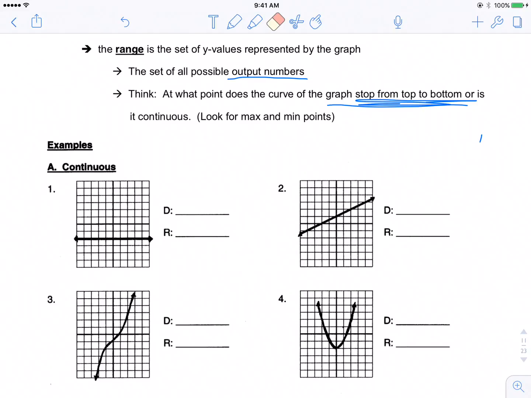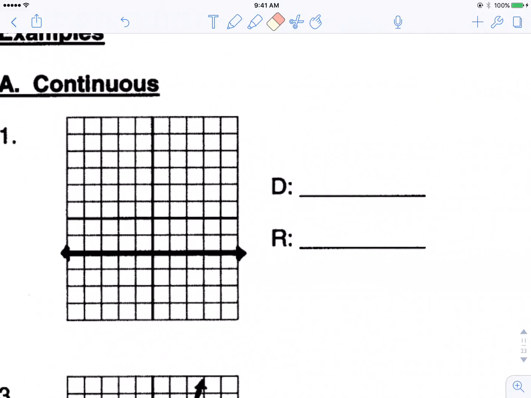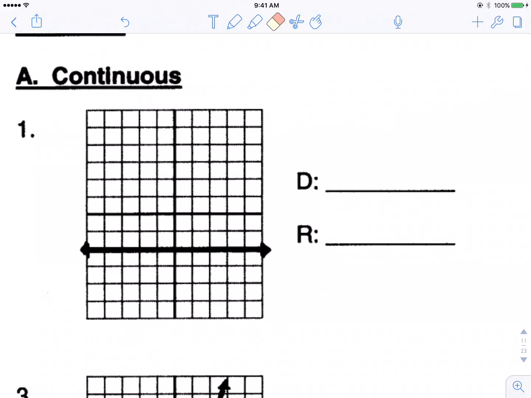If we look at number one here, if we start defining points on this graph, this point would have coordinates of (1, -2).